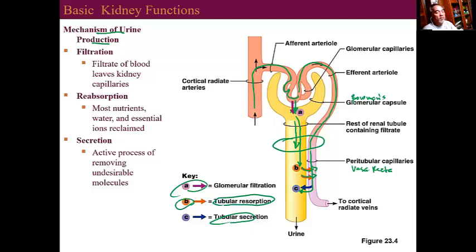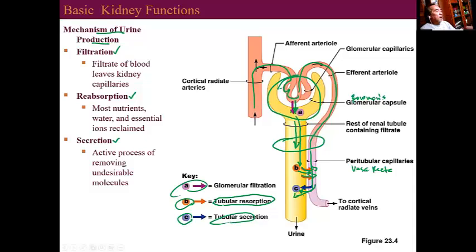So the three processes of the mechanism of urine production are filtration, which happens between the glomerulus and the Bowman's capsule; reabsorption, happening at the tubules and the capillary, so that's the letter B; and then secretion, which also happens between the capillaries and the tubule.